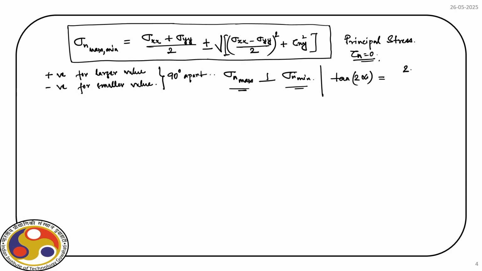So, twice tau xy divided by sigma xx minus sigma yy. Now, for better understanding, let us have a marker of this alpha. So, we call it alpha sigma n. Okay. That means, the angle alpha corresponding to principal stress.